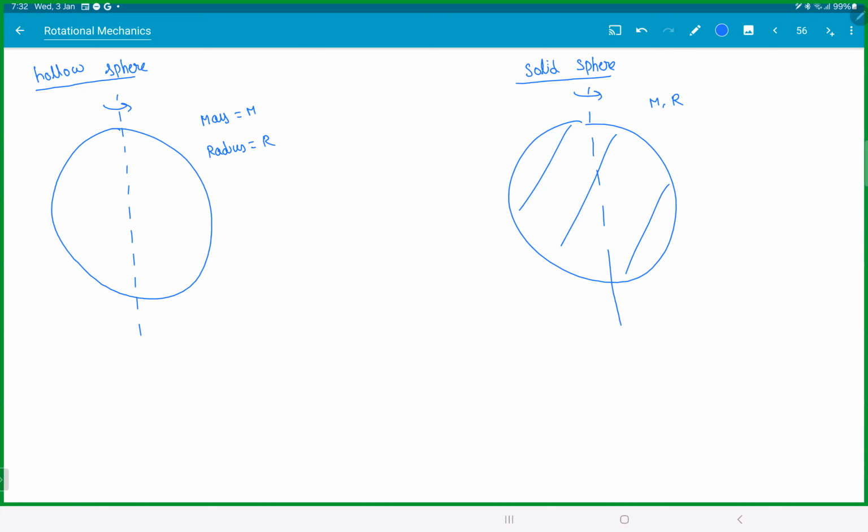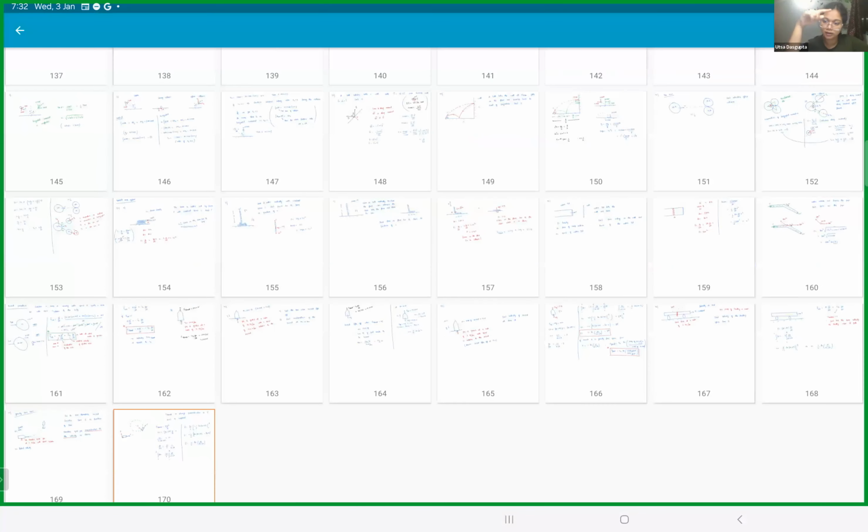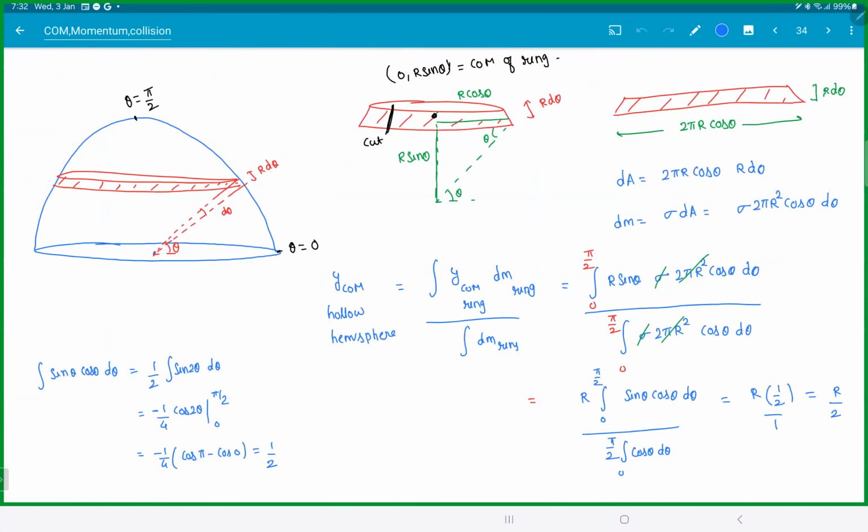Remember how to choose an element? I guess you forgot. The width is r d theta and then the length is r sin theta. Remember, the element has to be taken like this. In case you forgot, have a look at this picture.